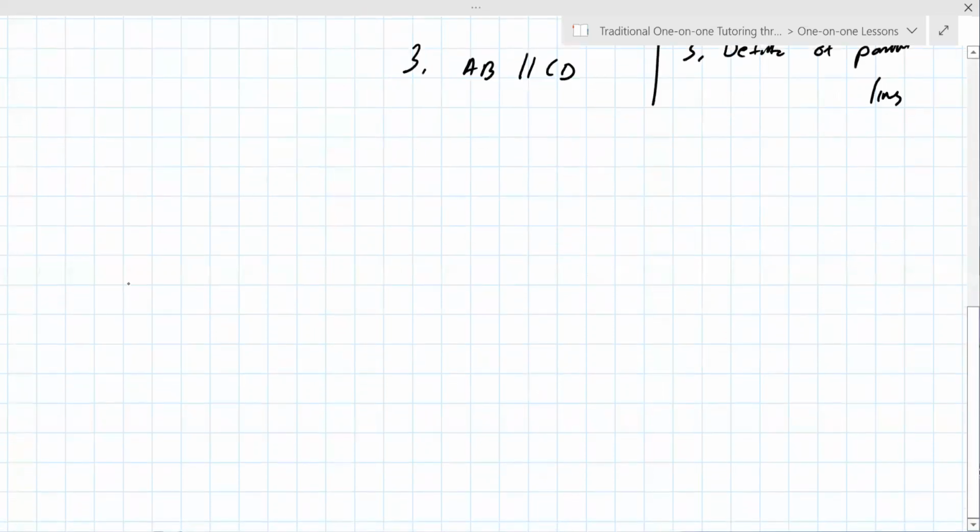So let's just go here. If I told you that 2 lines are parallel, what does that mean about the slopes? That means that they're the same. Hang on just a second, Zach.